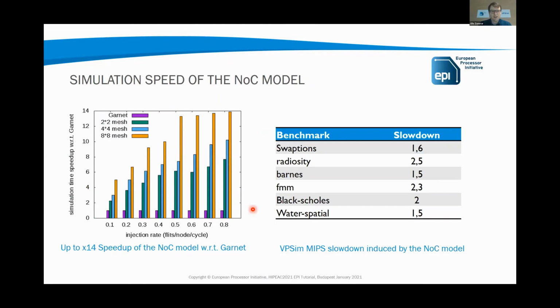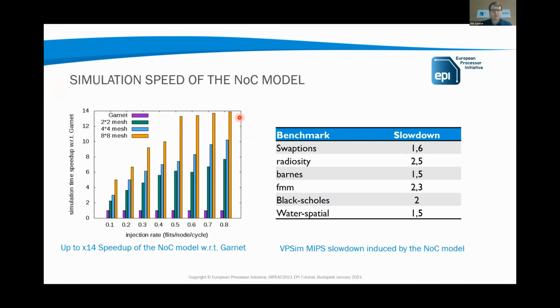So looking at performance, as I said, this model is meant to keep a good performance while providing appropriate accuracy to the needs of the EPI project. We compared this model with the more detailed and more accurate Garnet model. What we can see is that we reach an acceleration of up to x14 compared to Garnet simulation.